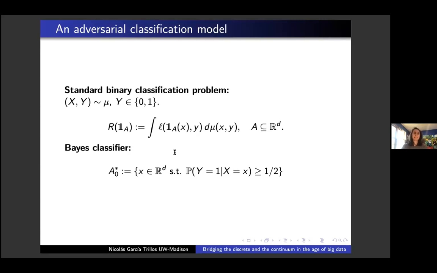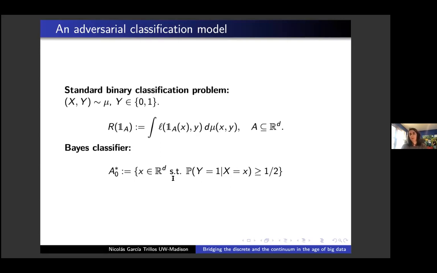Now, it is standard knowledge, maybe first lecture in statistical learning, that the Bayes classifier, the set that is constructed in this way, is the minimizer of the average misclassification error. And of course, it makes a lot of sense.